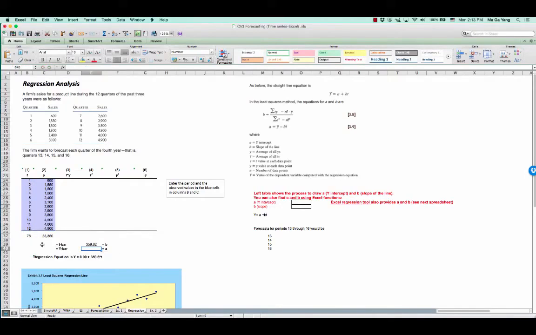Then the slope is given as 359.62. For A, which is the y-intercept, you can do the same. INTERCEPT, known y's, which is the sales data, comma, known x's, which is the time variable.